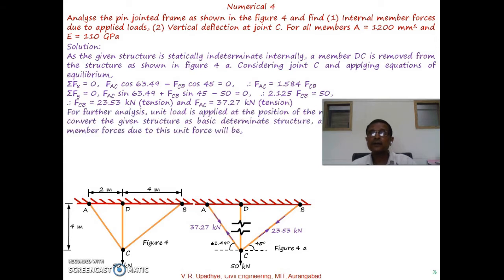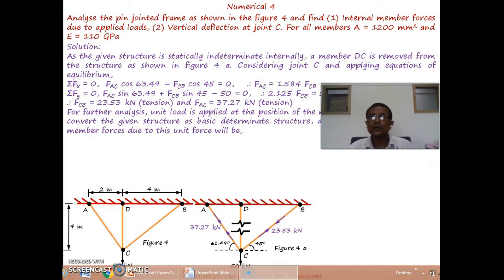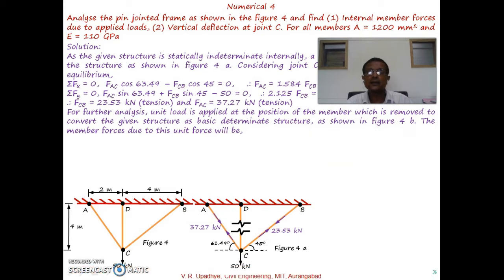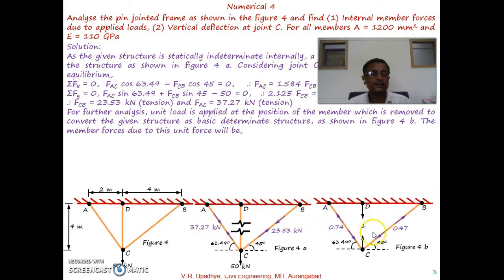So for further analysis, unit load is applied at the position of the member which is removed to convert the given structure into a basic determinate structure. So to have a basic determinate structure, this member CD was removed. Okay, so we apply now unit load at that position, and the member forces due to that unit force are to be calculated. Okay, so what we'll now draw is this diagram.